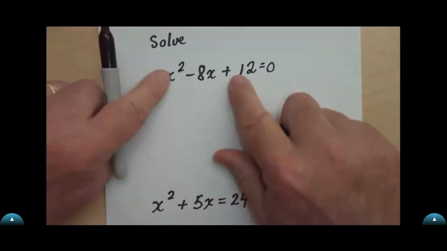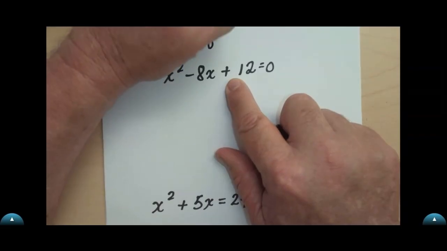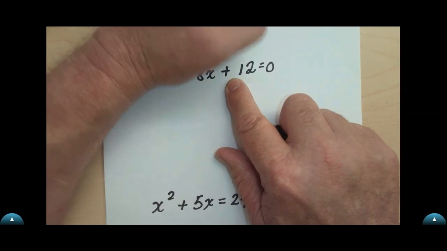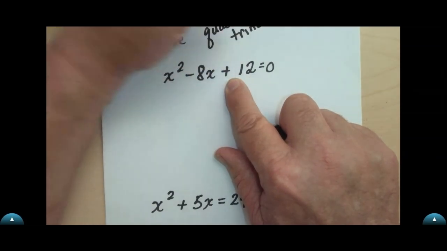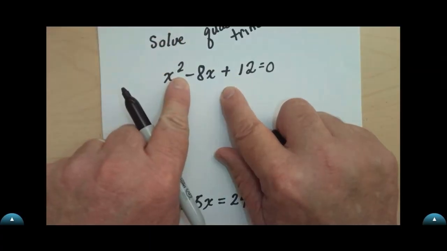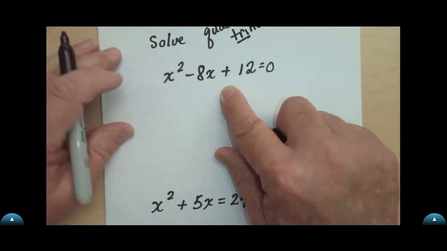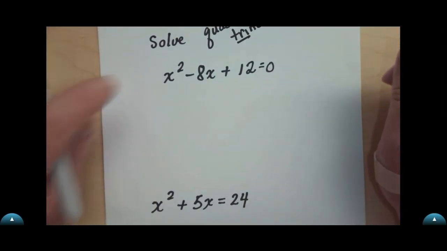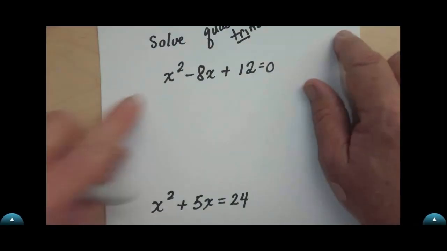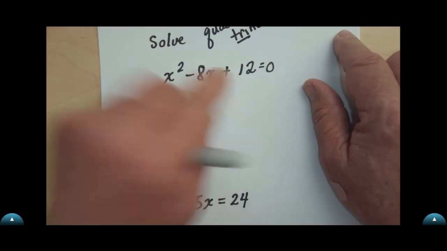It turns out that this is called a quadratic trinomial. Again, quadratic meaning the highest degree variable term is x to the second power. Trinomial meaning it has 1, 2, 3 terms. Typically, in a quadratic trinomial, you're going to have a second degree variable term, a first degree variable term, and a constant term.